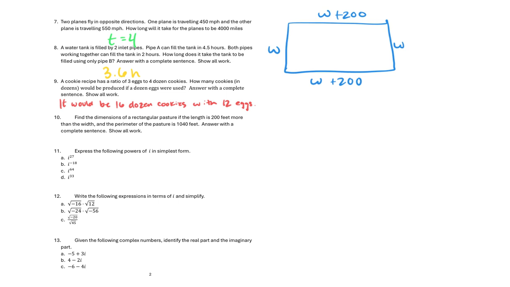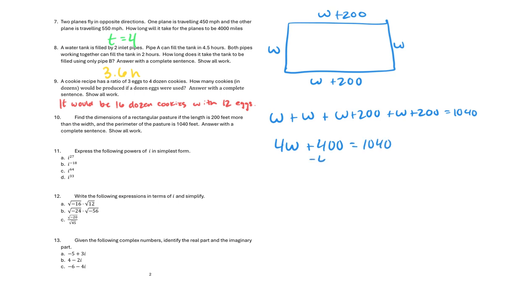Then it says, we know that the perimeter is 1,040 feet. So the perimeter is all the sides added together. So we have W plus W plus W plus 200 plus W plus 200. And this is equal to 1,040. So here we can count. We have 4w, so 4w plus 400 is equal to 1040.